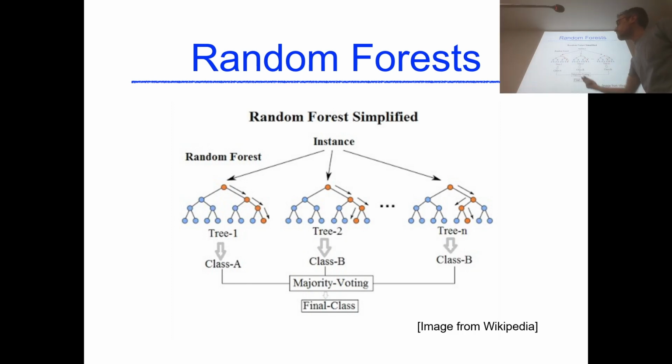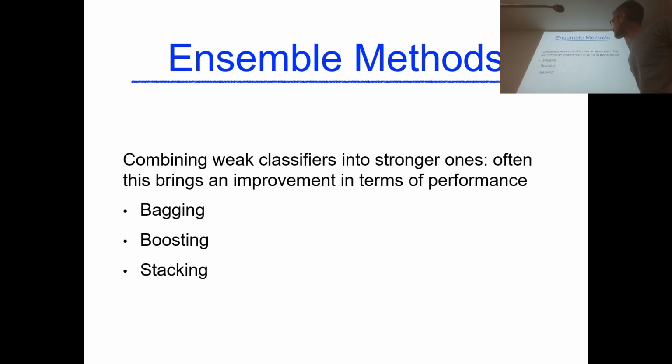Obviously, if you have a binary classification problem, prefer an odd number of trees so you don't have ties. If you have a multi-class problem, also try to choose a number of trees that can't give you ties. Otherwise, you need a criterion to resolve ties. That's a very easy idea, okay?